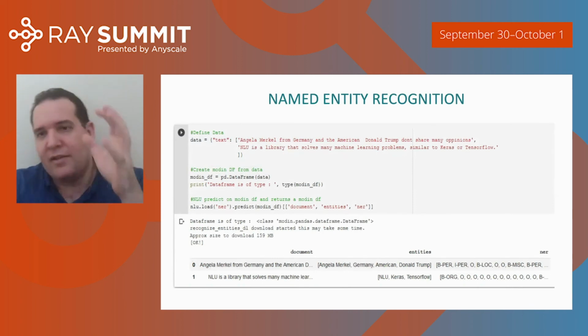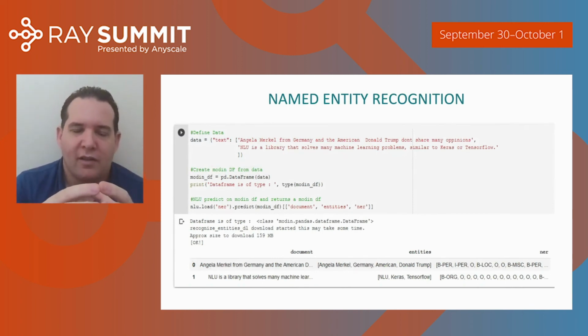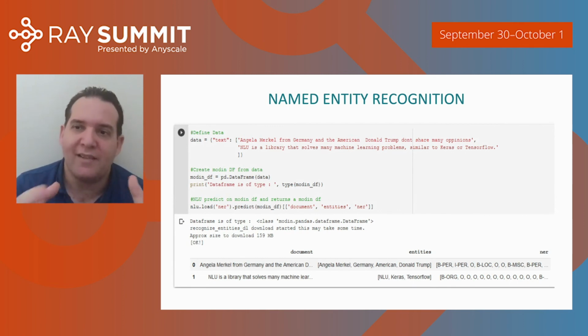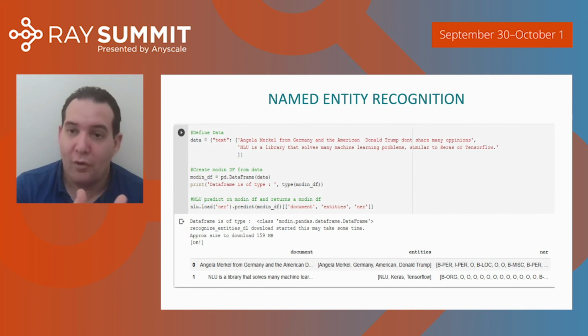Now that we know that we can actually use the NLU library with Modin using Ray, let's see one example that we haven't seen before, a very, very popular NLP use case, which is named entity recognition. So just looking at the code here, what we are looking to do is look at a sentence like Angela Merkel from Germany and the American Donald Trump don't share many opinions.